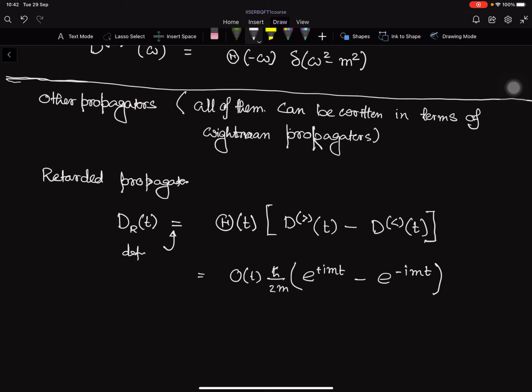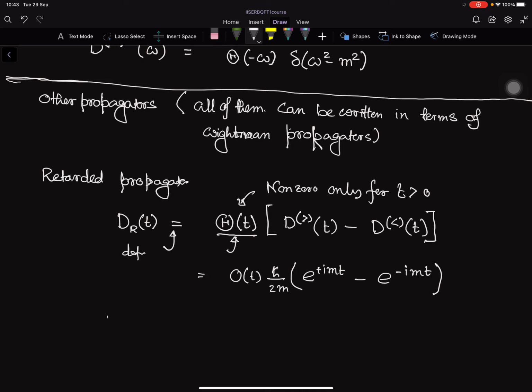So this is the definition of the retarded propagator, and this is retarded because this is non-zero only for later time. That's why it's called retarded propagator.